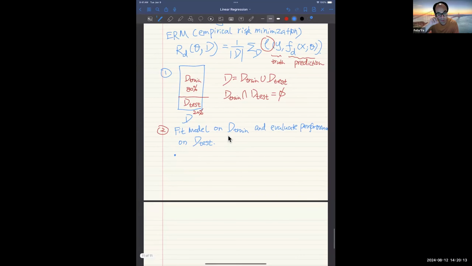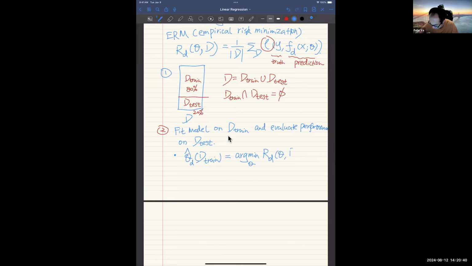That means we're going to find the optimal theta, for a fixed D. We're just using the D train. This will be the argmin over theta of R_D(theta, D train).